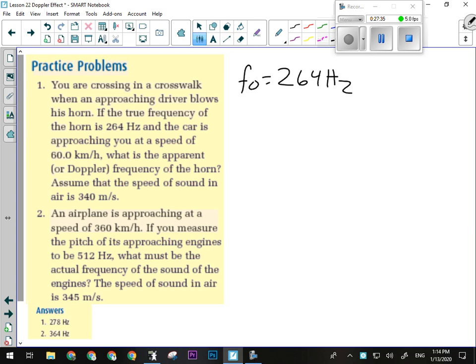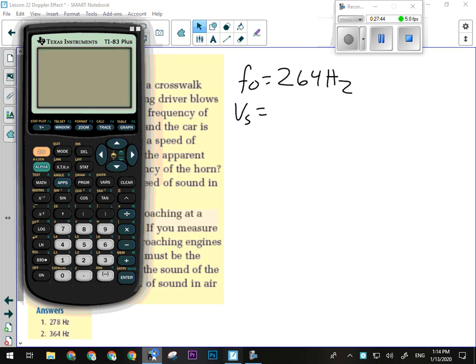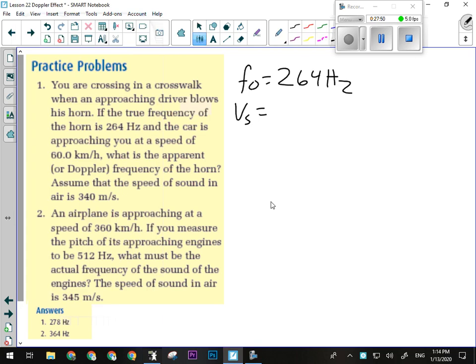The car is approaching at a speed of 60 kilometers per hour, which needs to be converted to meters per second. That's the speed of our source. So if we take 60 and divide by 3.6, we're looking at 16.67 meters per second. We also know that the speed of sound is 340 meters per second. So that's the speed of our waves.